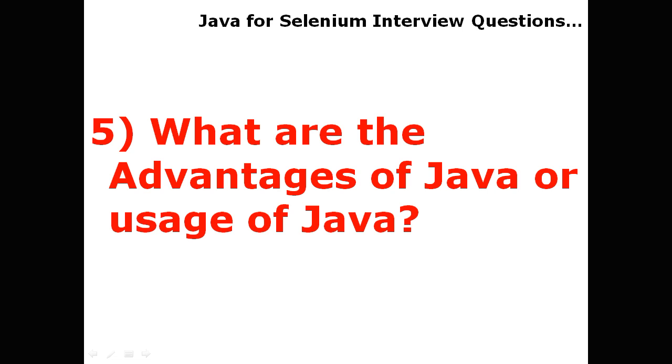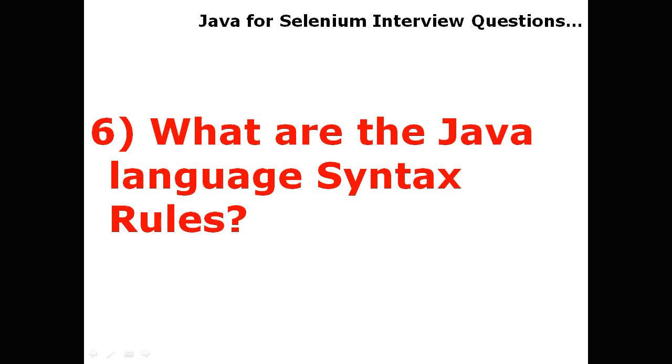Okay. Next, what are the Java language syntax rules? Take any computer language, C, C++, Java, Perl, Python, Ruby, any computer language, they have their own syntax rules. Syntax means system grammar.